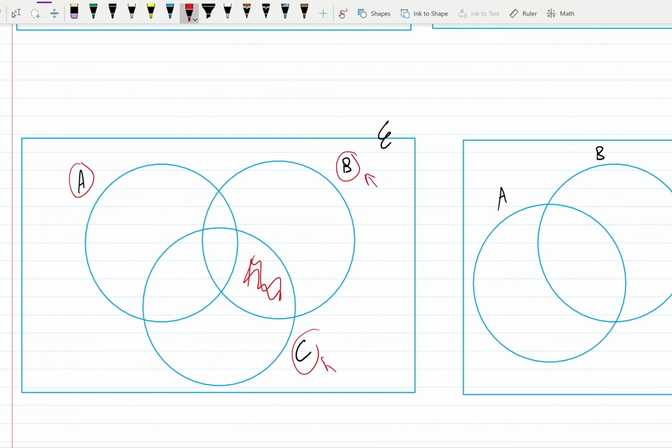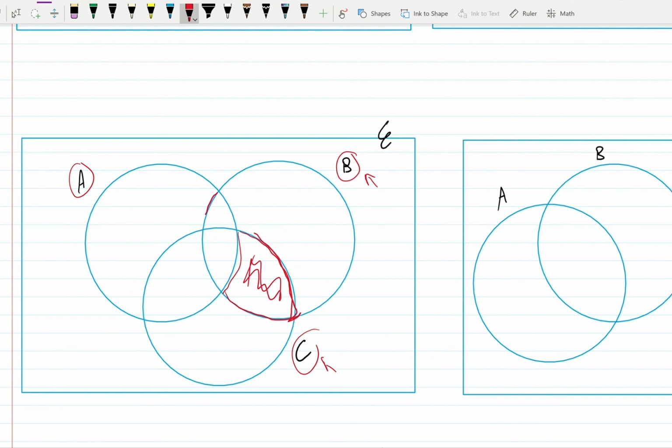Because we have overlap between just C and just B. If you look at how the circles lie, this region here is only overlapped by C and B, right? And similarly, you can look at that with all of the other intersections.